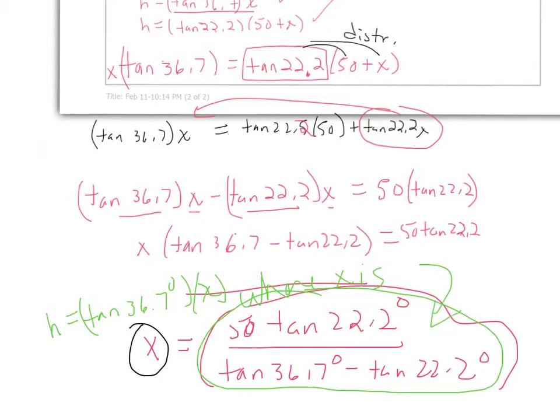Eventually, you type all that out and you're going to get approximately 45. So height ends up being approximately 45 feet. That one is pretty intense with the number crunching, and I usually put that as extra credit. Okay, good luck out there.